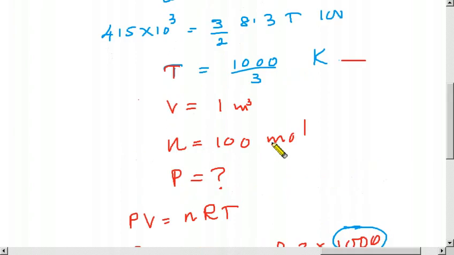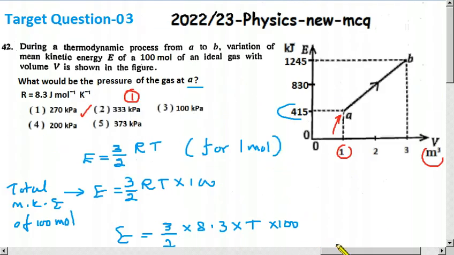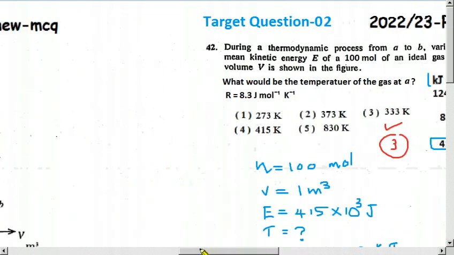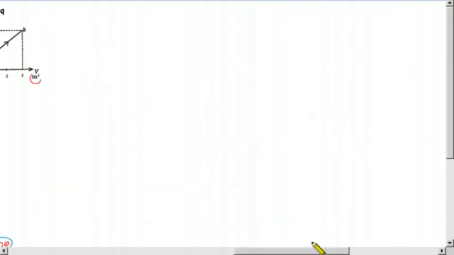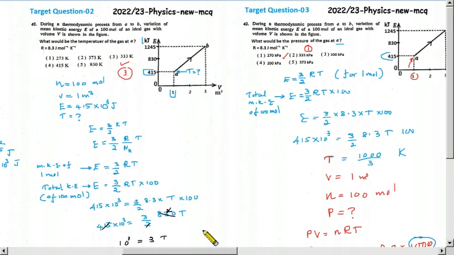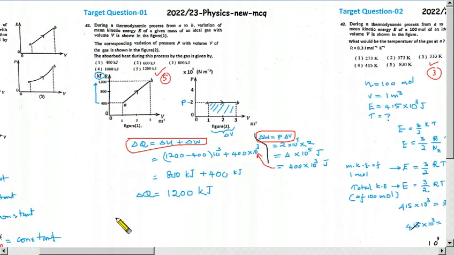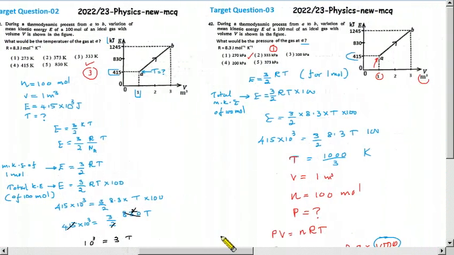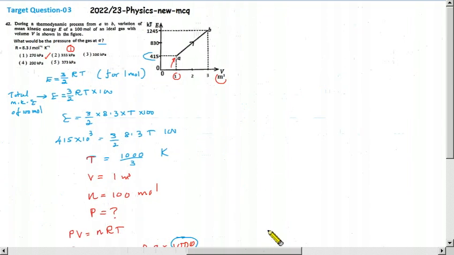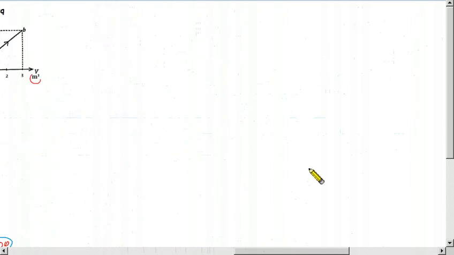So it is not a difficult one if we come gradually, step by step, from the first one, second one, and up to this third one. It is time to wind up the video now, because I have done the original question and target questions 1, 2 and 3, altogether 3 target questions with the original question.